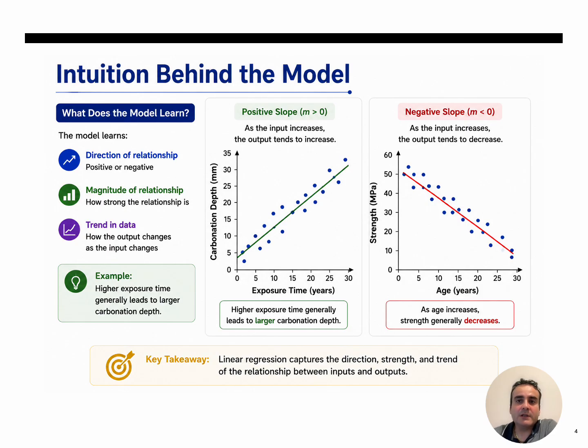For example, longer exposure time may increase carbonation depths. A negative slope means that as the input increases, the output decreases. The key takeaway is that linear regression captures the general trend between the input and output variables.